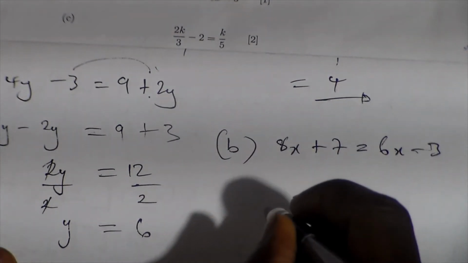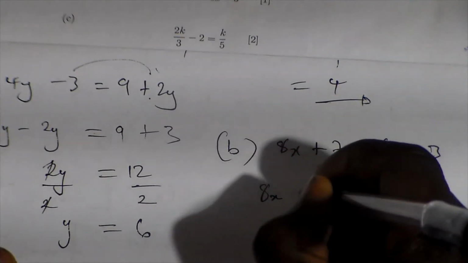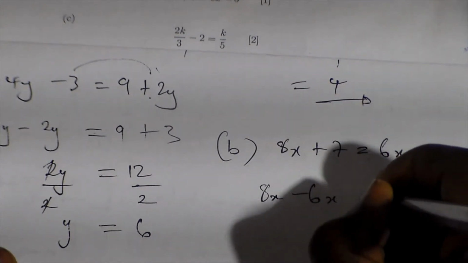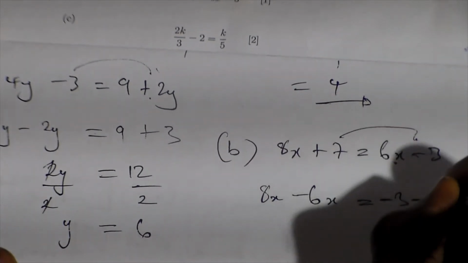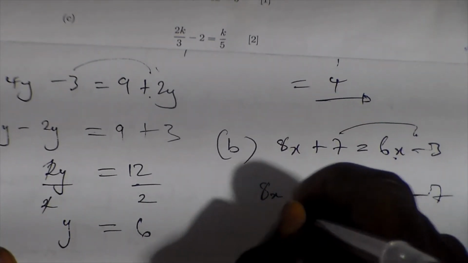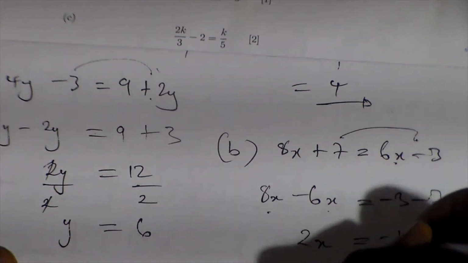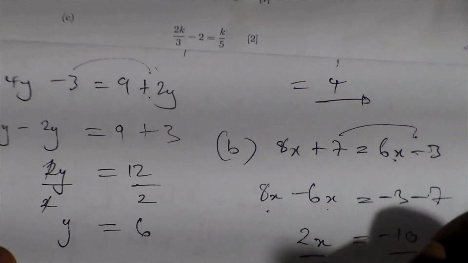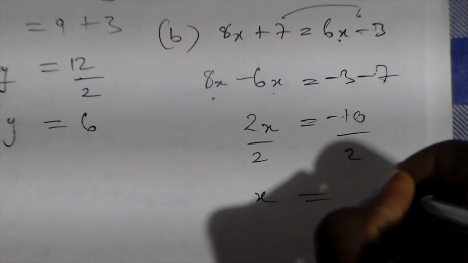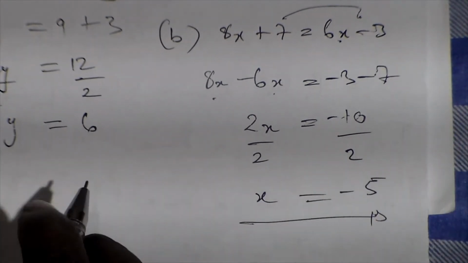Okay, so 8x, this 6x will come here, and we get 7 minus 3, and the 7 will cross over. 8x minus 6x is a 2x, minus 3 and a minus 7, it's a minus 10. We divide both sides by 2, we will get a minus 5 as our answer.